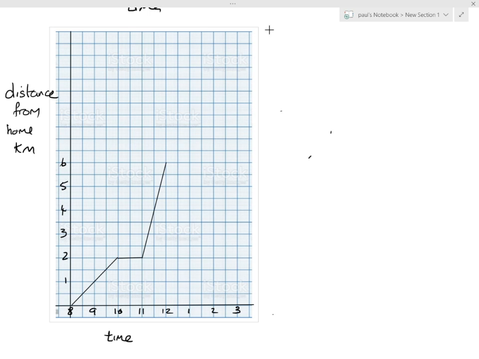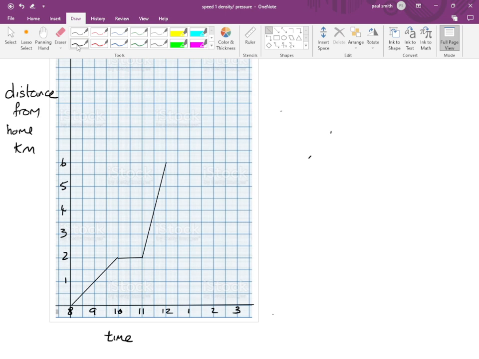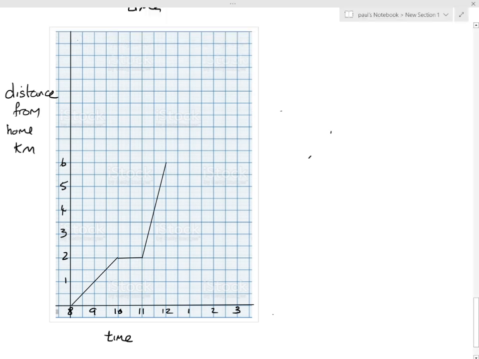The last bit we need to work out, yeah. So another bike ride.